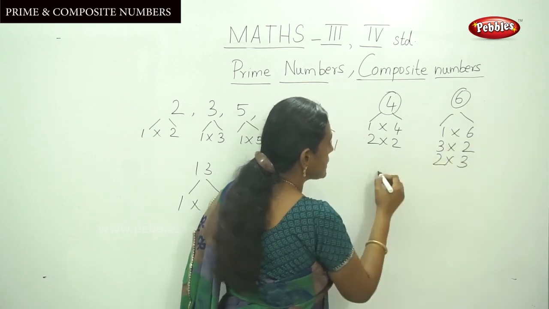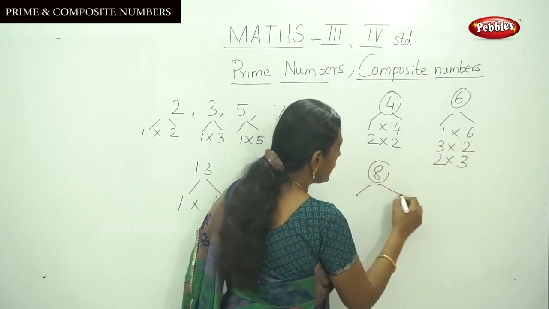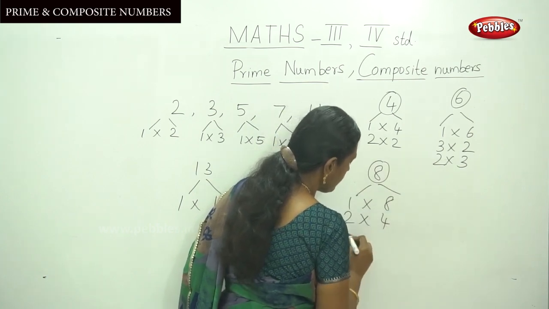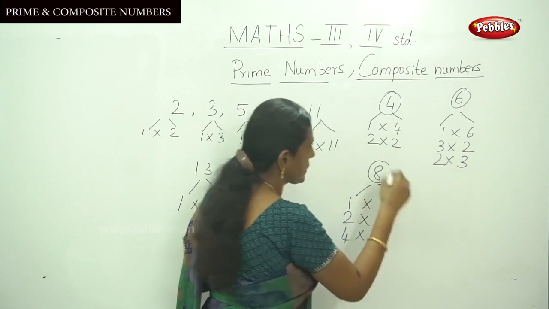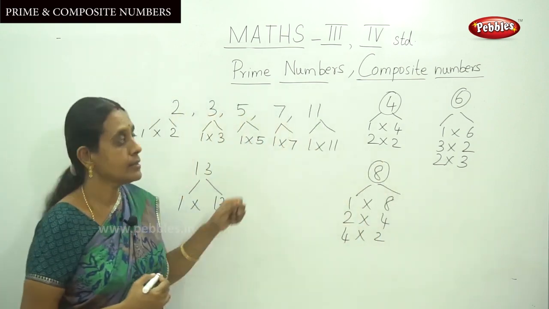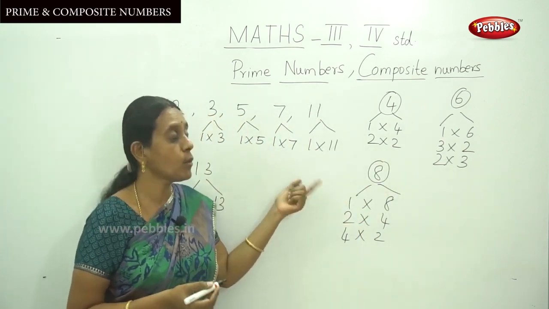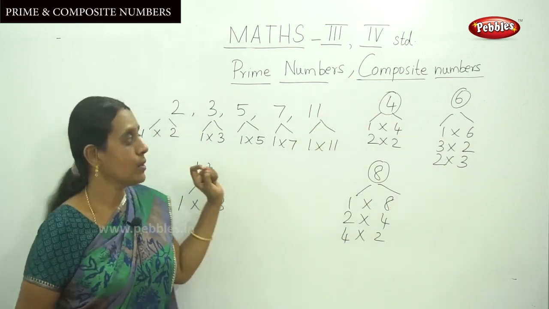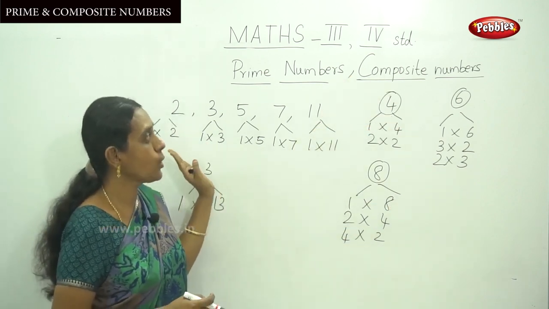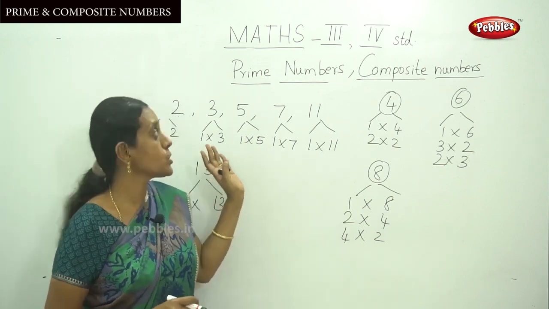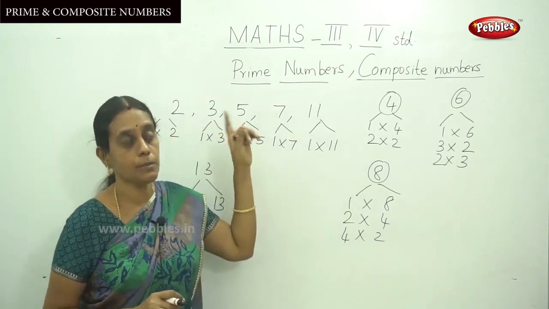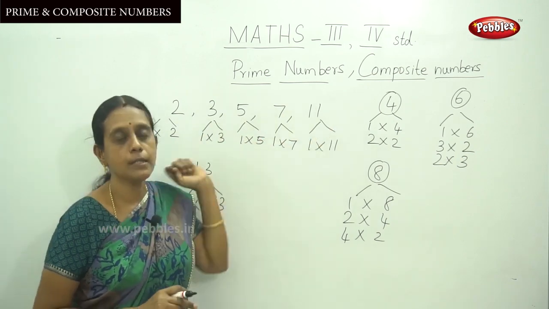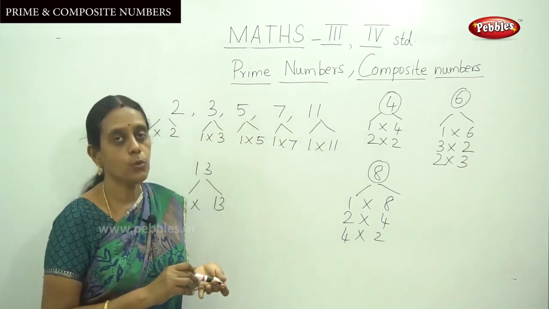For 8, it is 1 into 8, 2 fours are 8 and 4 twos are 8. So it has more than 2 factors, which is called a composite number. Prime numbers have only 2 factors, but a composite number has more than 2 factors.